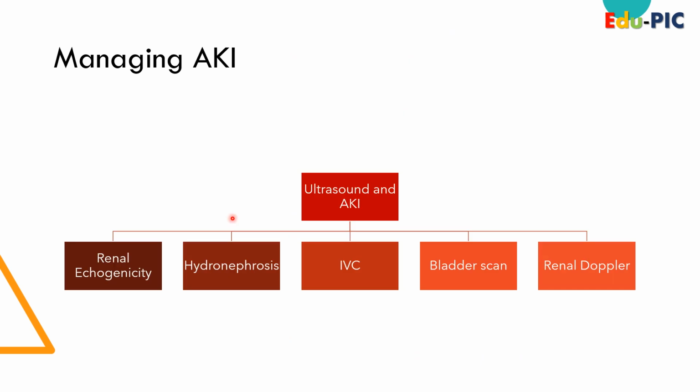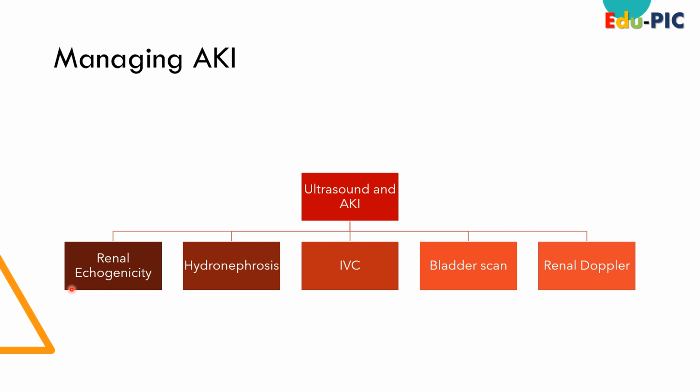One great tool also that would help you to manage the AKI and know where it's coming from is the ultrasound. And this is something that people sometimes miss that is really important. When you're ultrasounding kidneys, you can identify a lot of problems right away.